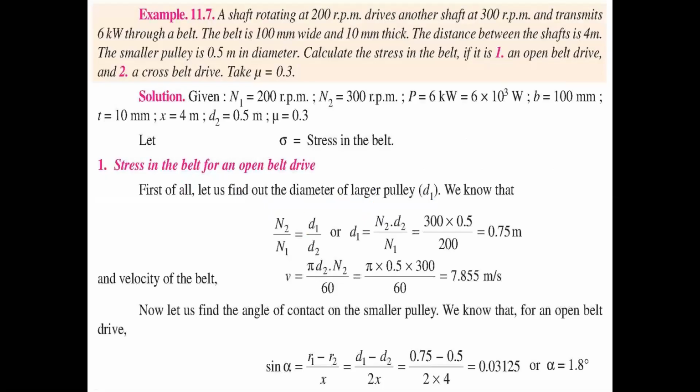Now we are going to see the problem. All of you read carefully. A shaft rotating at 200 rpm drives another shaft at 300 rpm and transmits 6 kilowatt through a belt. The belt is 100 mm wide and 10 mm thick. The distance between the shafts is 4 meters. The smaller pulley is 0.5 meter in diameter.